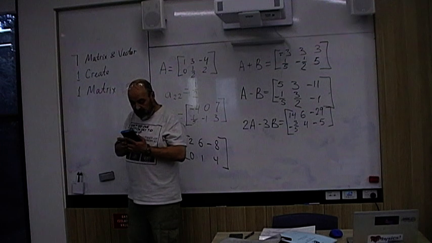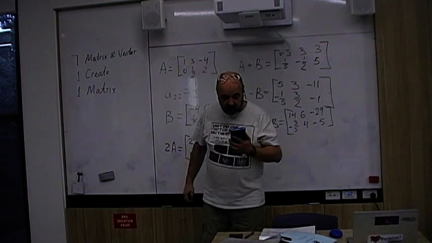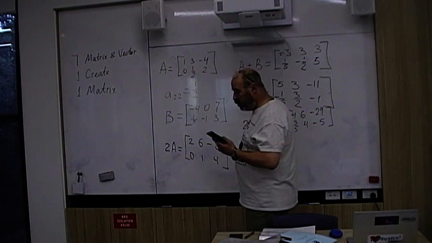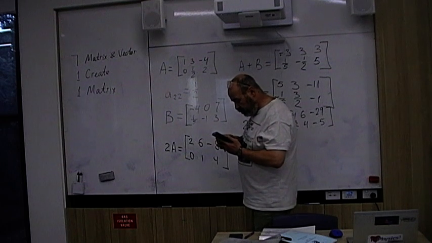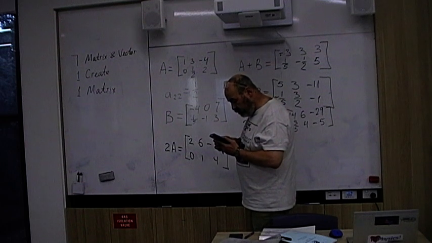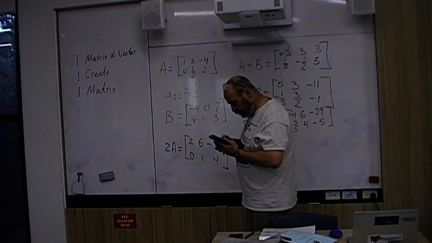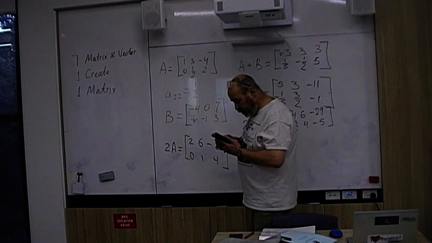And press enter, and it asks us what size of matrix we want. Let's make it like this one. So we want 2 by 3. So you change it to 2 by 3 and press OK.